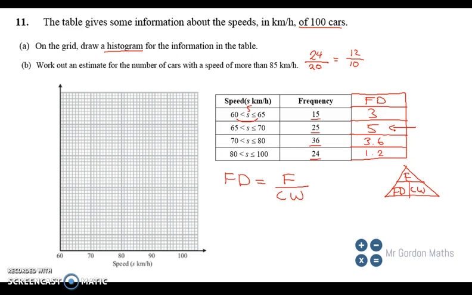So our frequency density, which we should label up the side, excuse the handwriting, trying to write going upwards. Frequency density up the side is going to stop at 5.